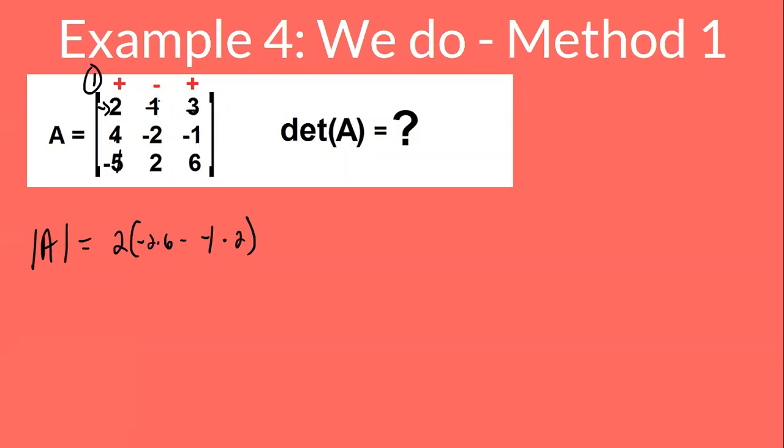My second one's going to come from negative 1. And I'm crossing out the things that are in that row and column. So minus 1 times 4 times 6 minus negative 1 times negative 5.